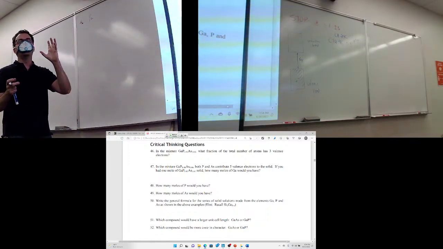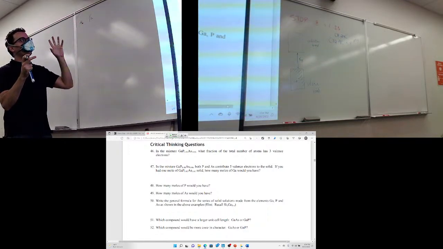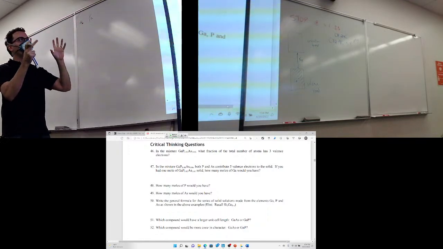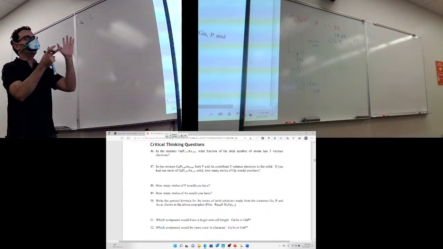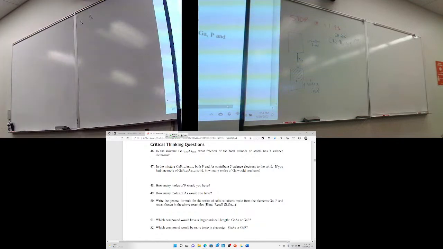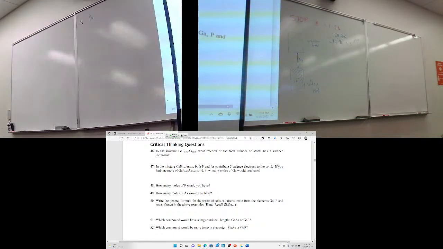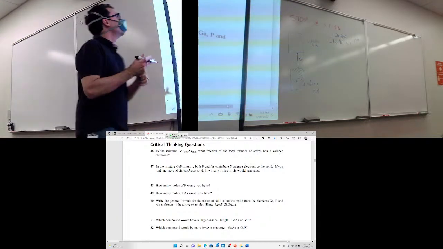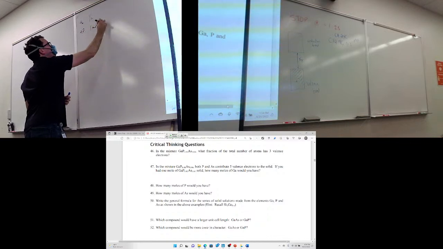So yeah, I psyched myself out. If I have 1 mole of this as a formula unit, and I break this apart, I will have 1 mole of gallium. So for every one of these, I will have 1 gallium. It's a weird way to think, but yeah. 1 mole of gallium.